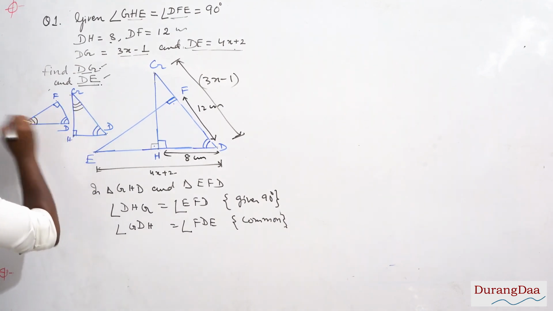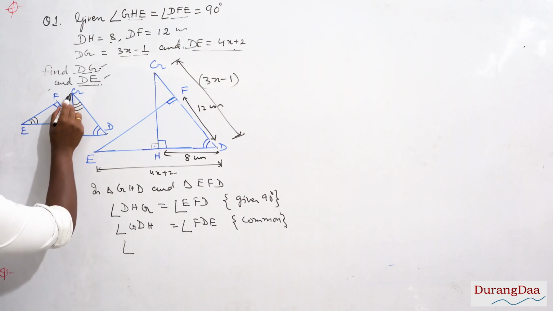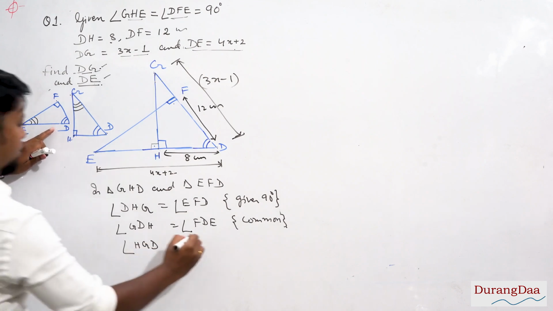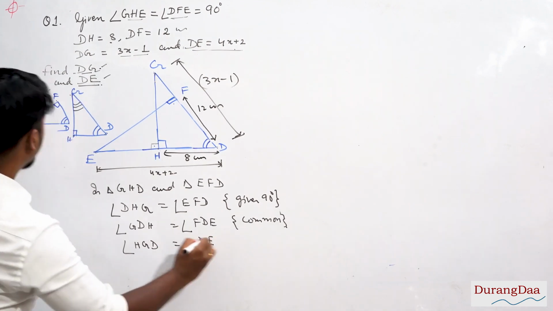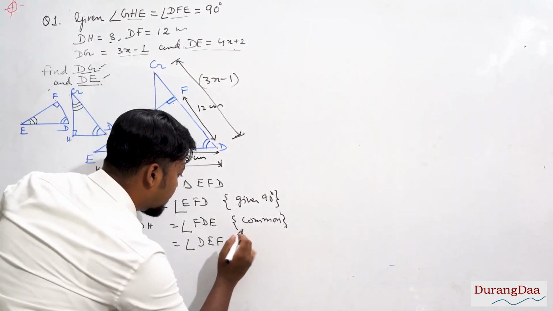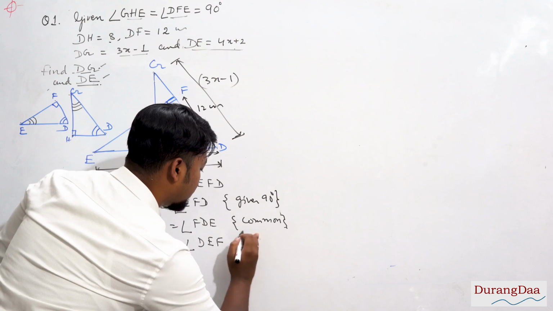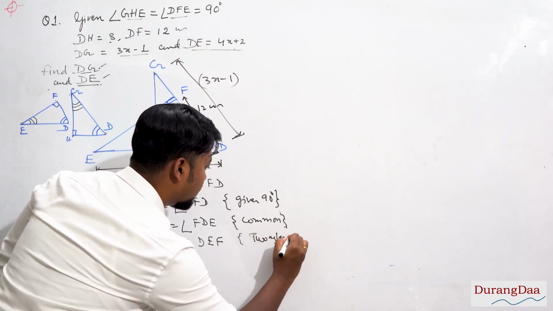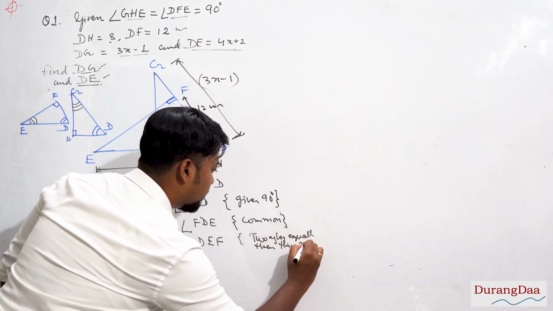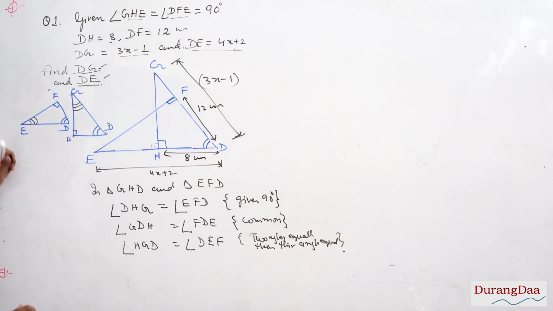So last one would be angle HGD is equal to angle DEF. So you can just write it down, both are equal. So 3 angles we got equal.